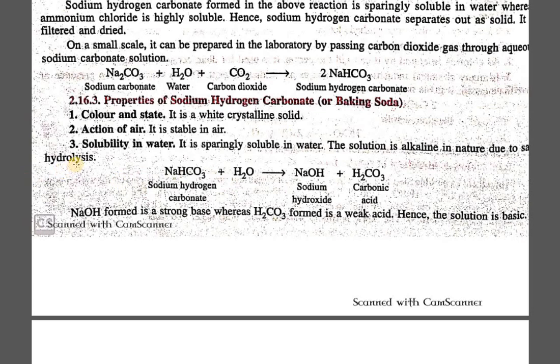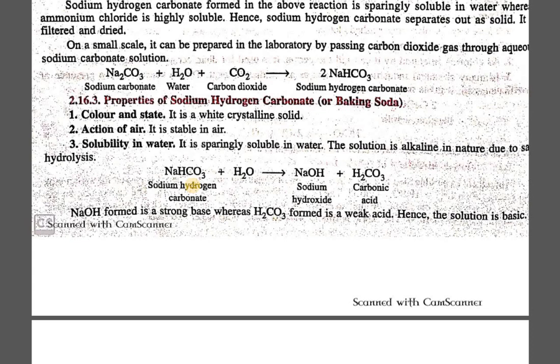Now, what is salt hydrolysis? When we dissolve it in water, it ionizes or dissociates back to form the parent acid and base from which it has been formed. Here, since it is a salt, it has been formed from sodium hydroxide and carbonic acid. This is the reaction representing the hydrolysis of sodium bicarbonate.